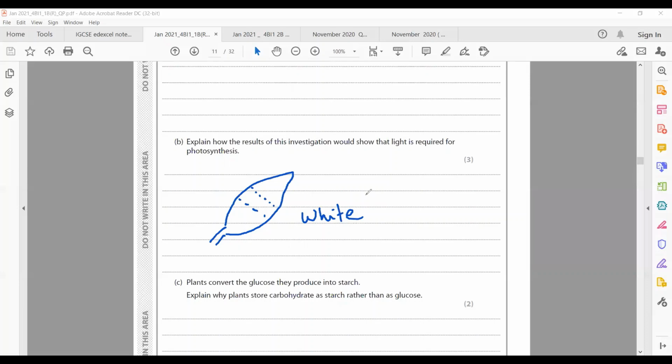So what are we going to see when we add iodine solution on this leaf? There's no chlorophyll in the whole leaf, but when I put the iodine we can see the blue-black color because starch is formed. But here I was covering with a black strip. So when I drop the iodine, will all the leaf turn blue-black?